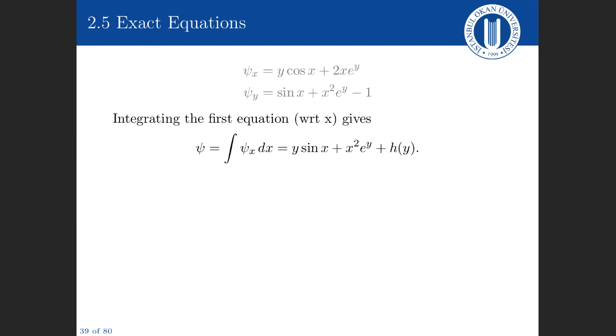So we're going to integrate this function with respect to x. y stays the same, so we get y, and the integral of cos x is sine x. For the second term, the integral of 2x e to the power y: e to the power y stays the same. We're pretending this is a constant, so this is a number. The integral of 2x is x squared.